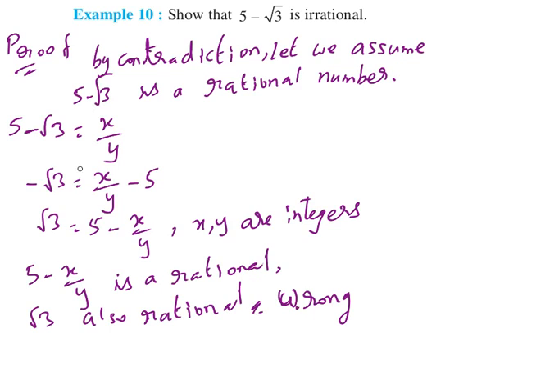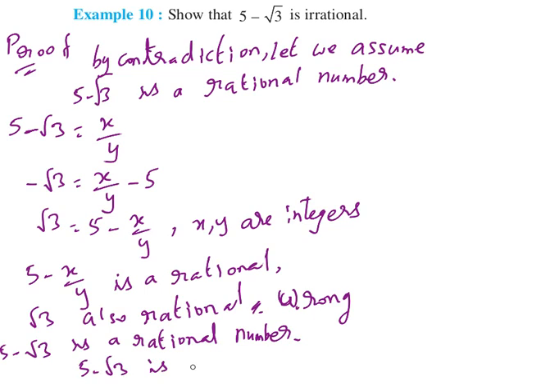We have assumed that 5 minus root 3 is a rational number. This assumption is wrong. So what is correct then? 5 minus root 3 is an irrational number.